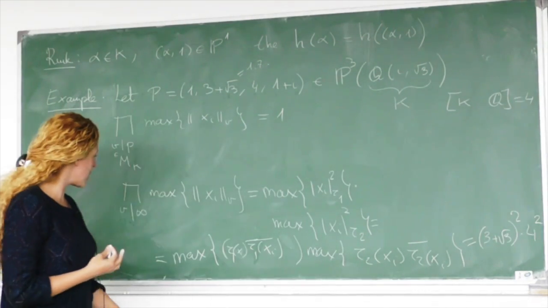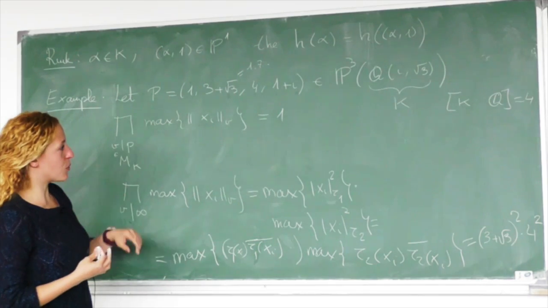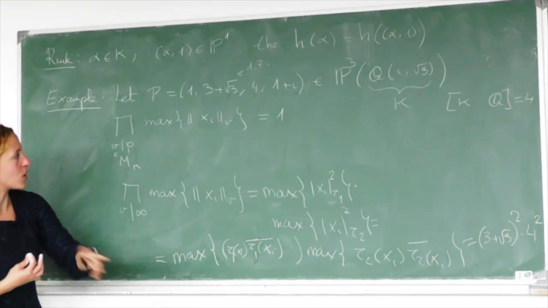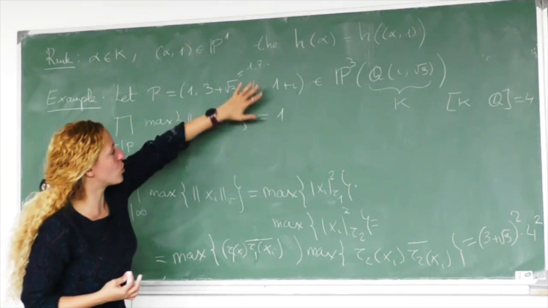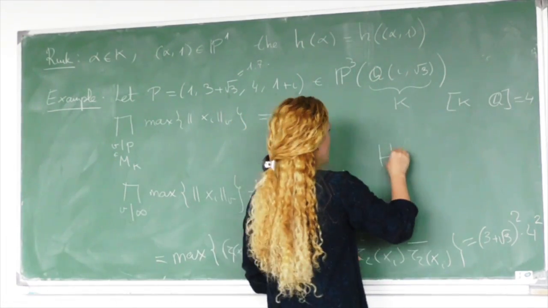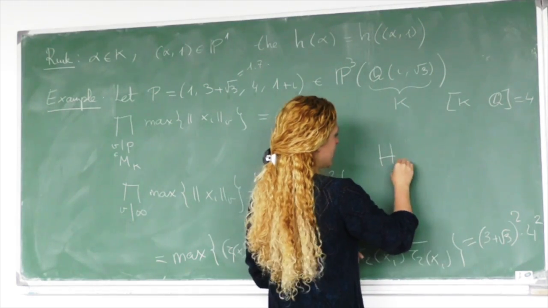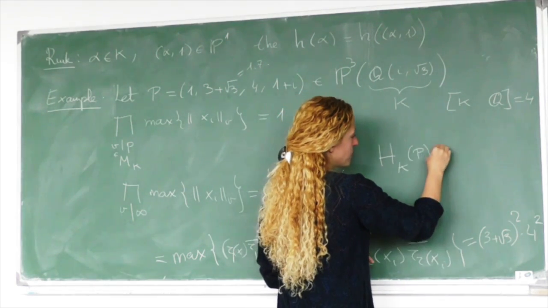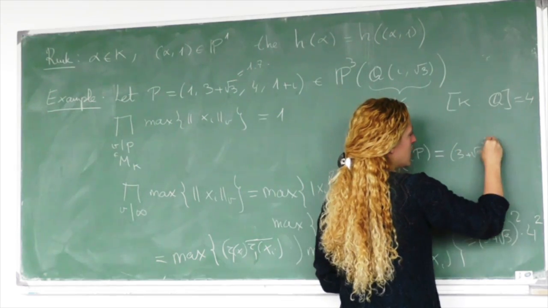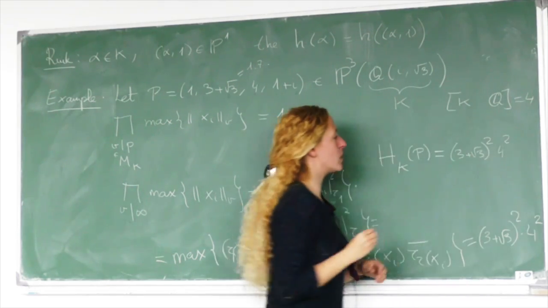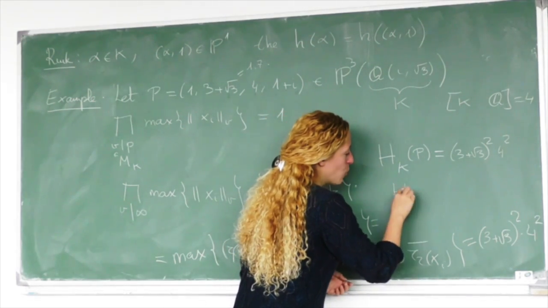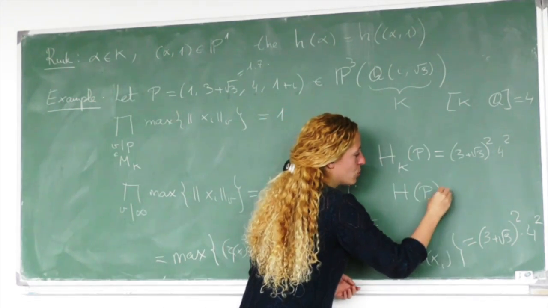So we have computed in this way the height of the point P, because now for computing the height, we just have to do the product of all the things we computed here, but here we want all ones, so this is the only important factor. So we have that the height relative to k of P is equal to 3 plus the square root of 3 squared times 4 squared. And now we can even compute the height without the k, so the absolute height.